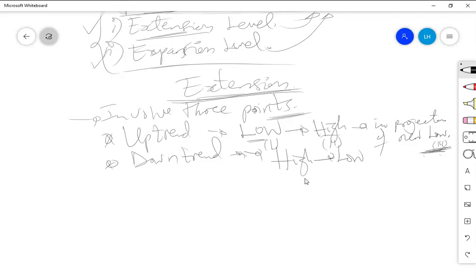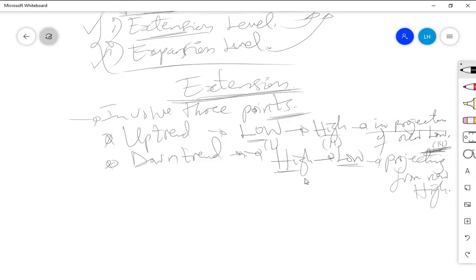Now this will be in the projection from a new high. Maybe you can say this high to low, it is projecting now from a new high.